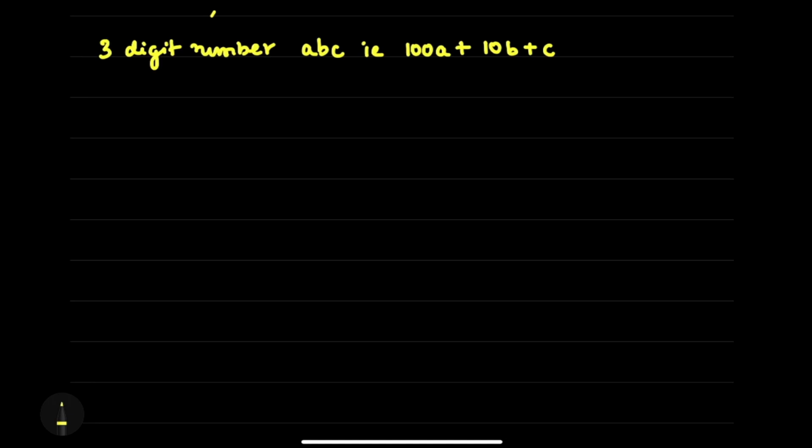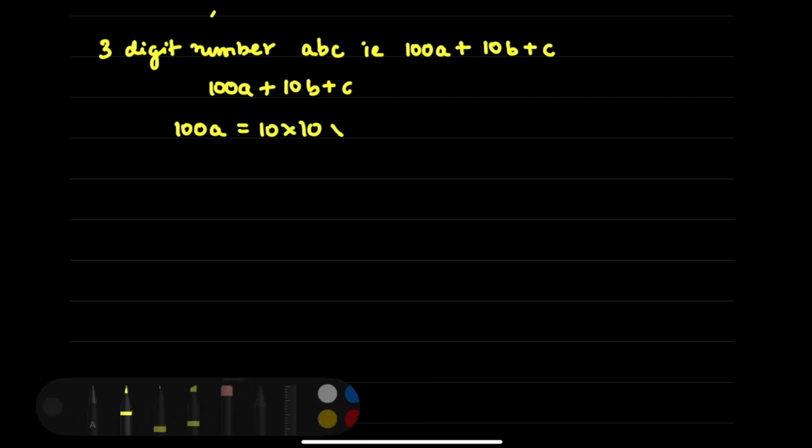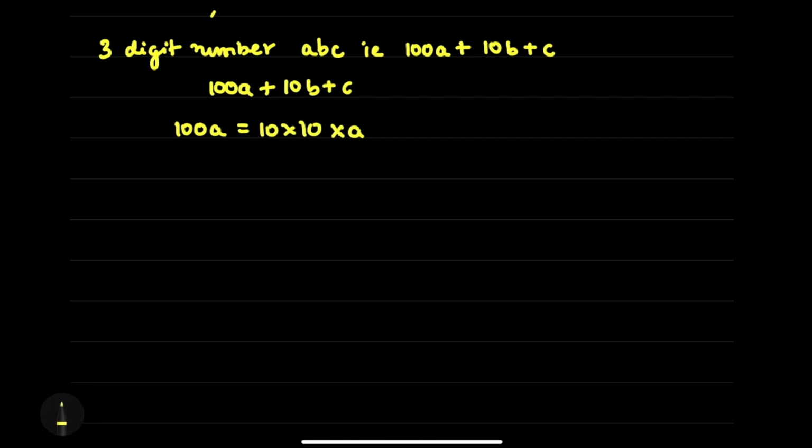For a 3-digit number ABC, that is 100A plus 10B plus C, how do we know that in its general form it is divisible by 10? Let me clarify what happens here. We'll open up this expression. We know 100A is equal to 10 into 10A, which is 10 into 10 into A, a multiple of 10. 10B is again 10 into B, which is also a multiple of 10.